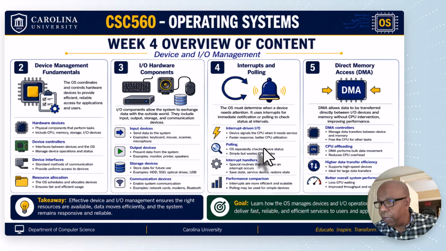Interrupt-driven I/O means the device signals the CPU when it needs service, giving faster response and better CPU use. Interrupt is immediate. Polling is when I'm just circling around, and every once in a while I check to see if anything is needed, polling each device. Are you okay? Are you okay? Are you okay? That's the polling part.